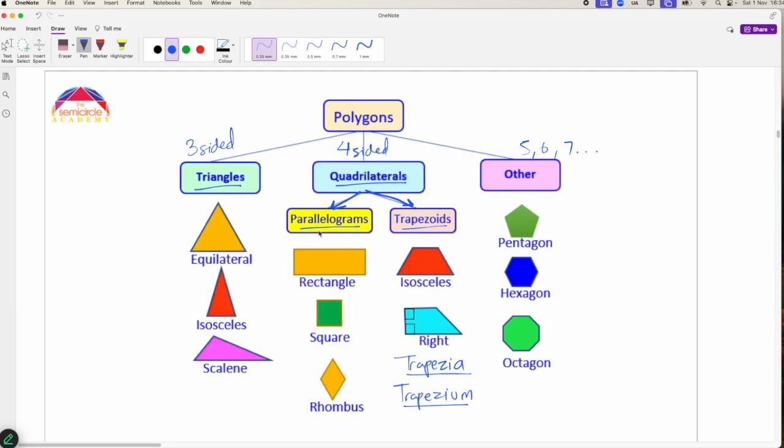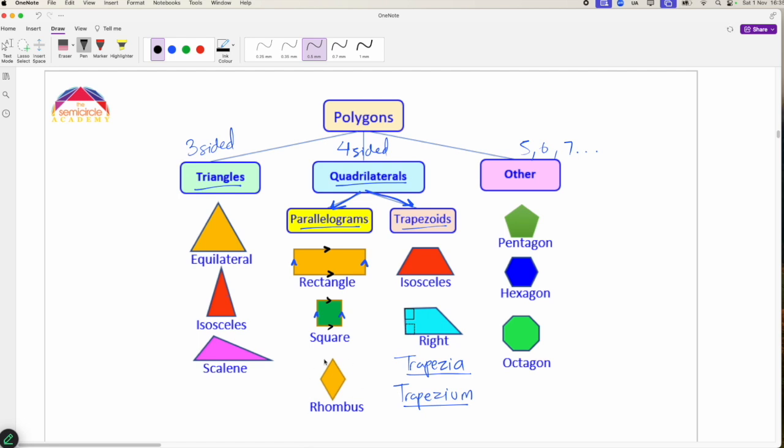And so the parallelograms include those shapes that have sides that are parallel. So this is parallel to this, and this is parallel to this. Once you're dealing with a shape that has parallel sides, then all of those parallel angle rules will come into play. We know that the sides of a square are parallel. So this one is parallel to this one here.